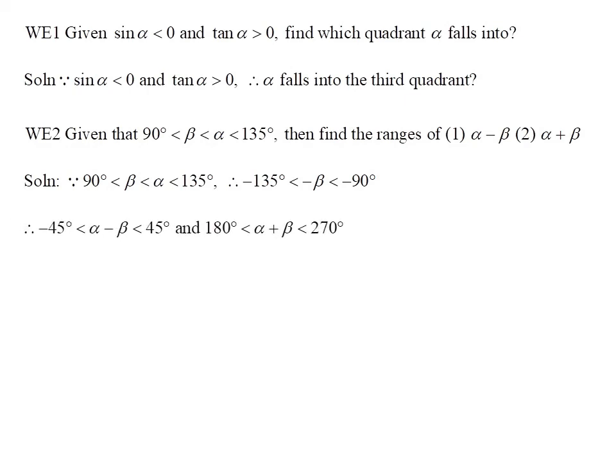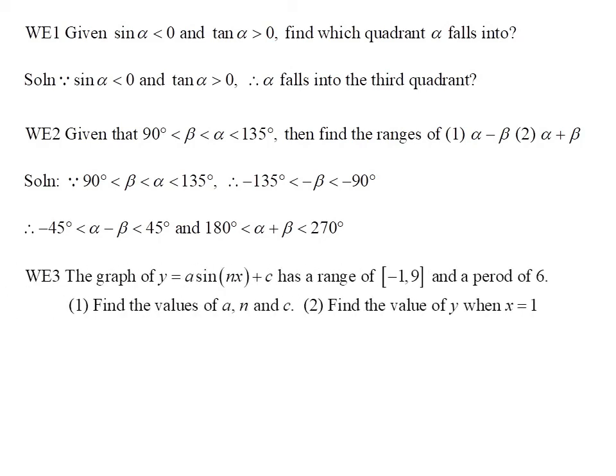Hence, alpha minus beta, or say alpha plus negative beta, is greater than negative 45 degrees but is less than 45 degrees. Accordingly, alpha plus beta is less than 270 degrees but is greater than 180 degrees.